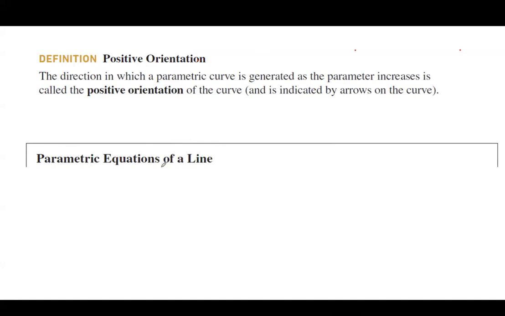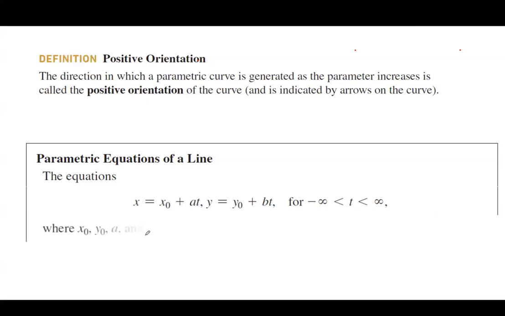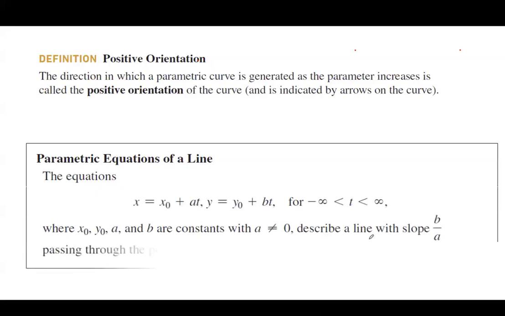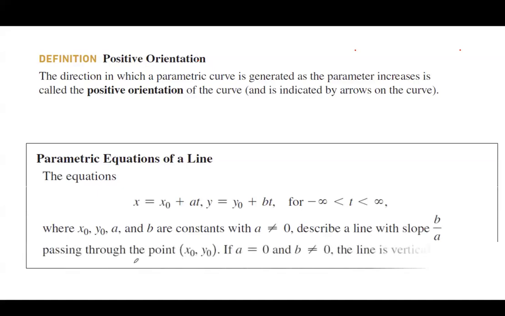Let's talk about parametric equations for a line. The equations in the form x = x sub 0 + at and y = y sub 0 + bt, while t ranges from negative infinity to infinity, where x sub 0, y sub 0, a, and b are constants, and a is not equal to 0, describe a line with slope b over a passing through the point (x sub 0, y sub 0).